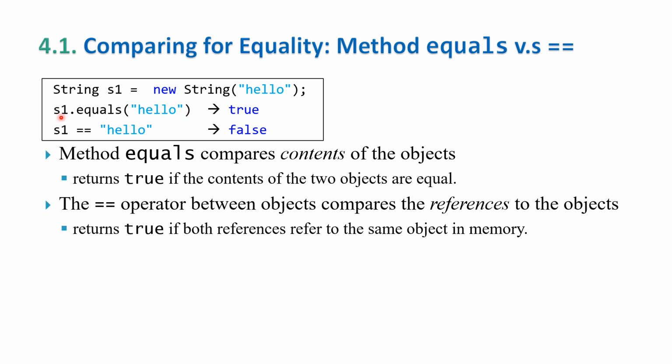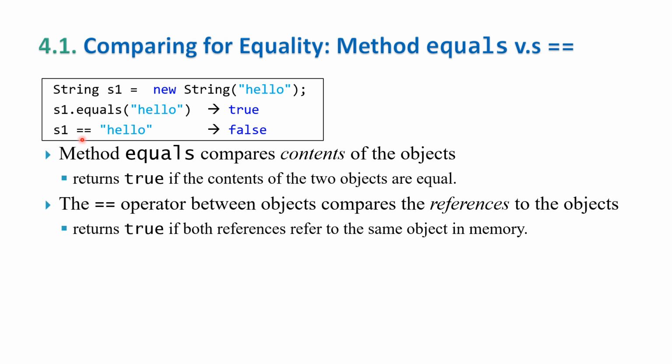For example, the call s1.equals("hello") in the StringCompare program returns true because string object s1 and the string literal "hello" have the same content, which is the sequence of characters forming the word hello.